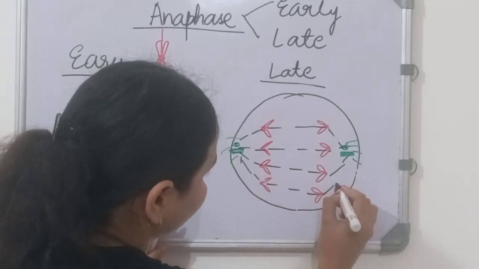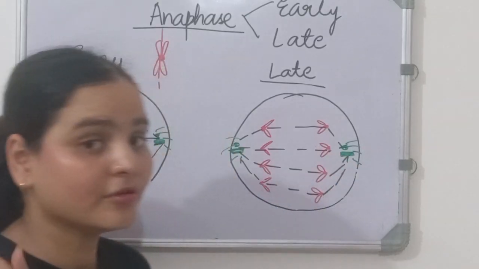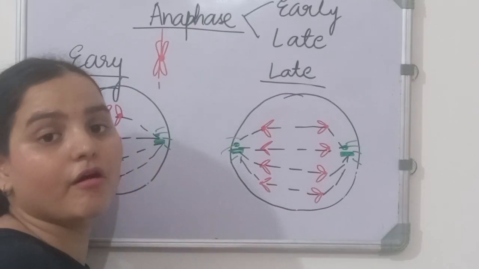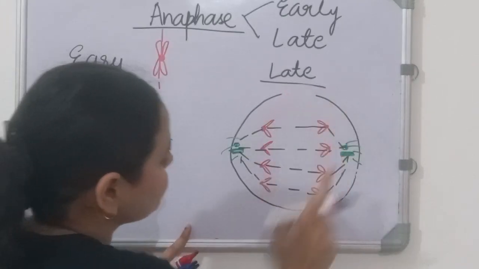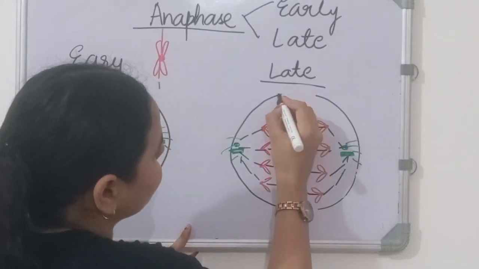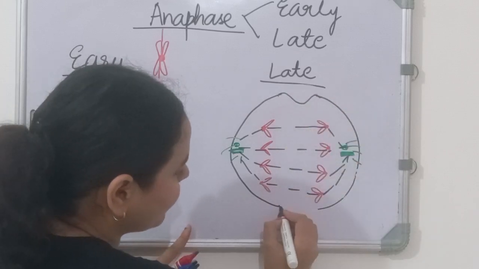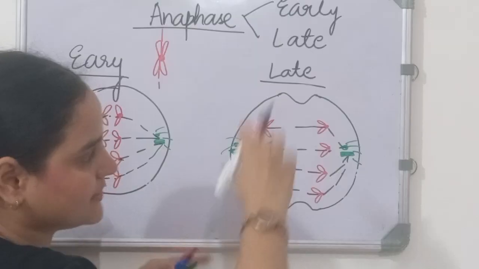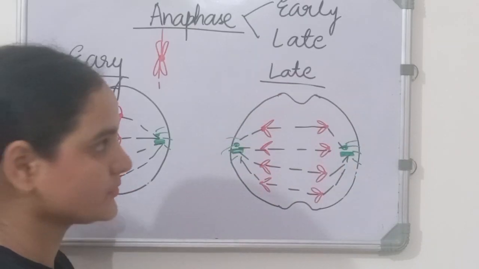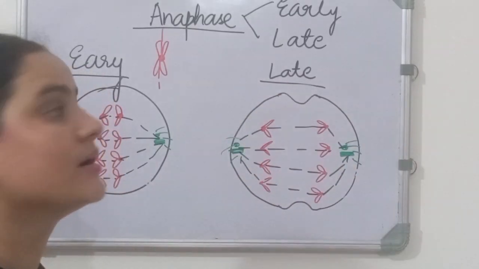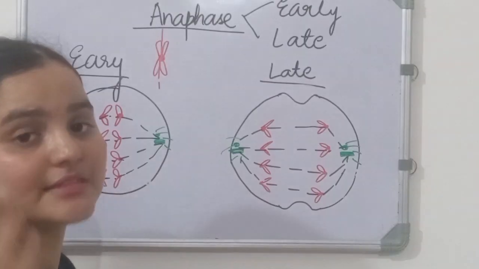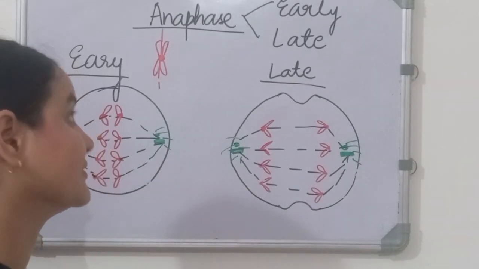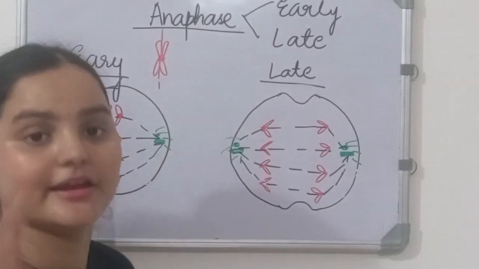One more point which we wrote, that a furrow forms in case of animals. So here we will be drawing a small furrow, means a small depression. From here this cytoplasm will start dividing. So this question may be asked that in which stage a furrow formation occurs in case of cell division. So the answer is anaphase stage.